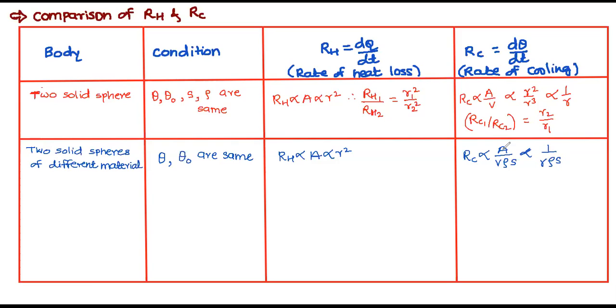Because here A is 4 pi R square and volume is R cube, so R square and R cube cancel and only R remains. Area by volume is R square by R cube, so you get 1 by R. Clear? Good. Let's move ahead.